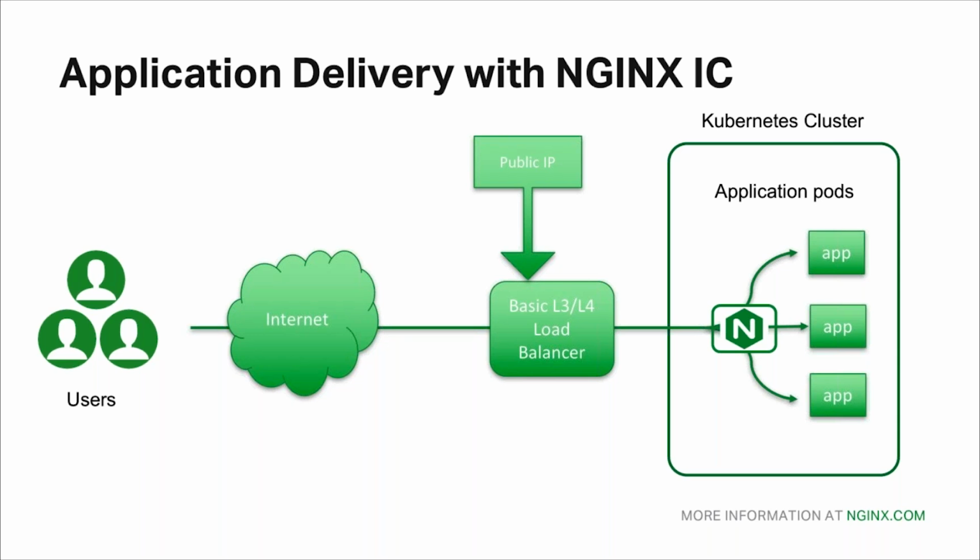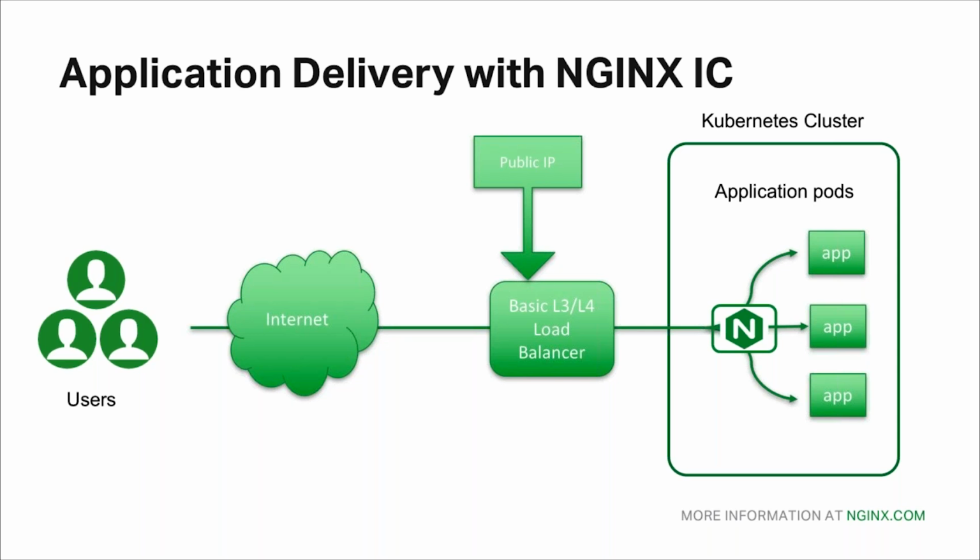Assuming that the basic TCP load balancer is highly available, we have multiple Ingress controller pods, and if a pod fails, Kubernetes will recreate that pod. So the whole thing together helps to get a highly available and reliable system. I hope that answers your question.